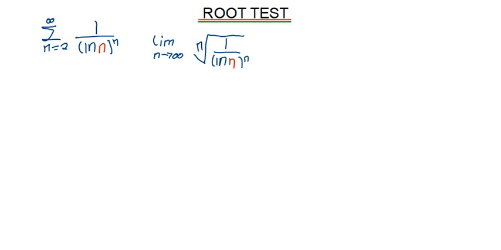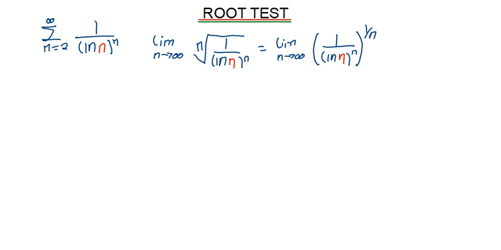We can also write this as the limit as n approaches infinity of the open bracket 1 over the natural log of n to the power n, raised to the 1 over n.